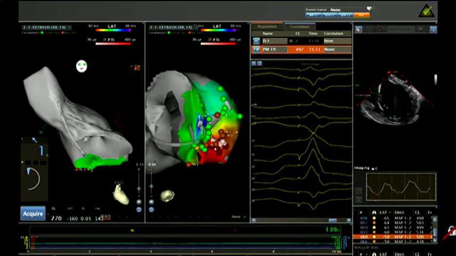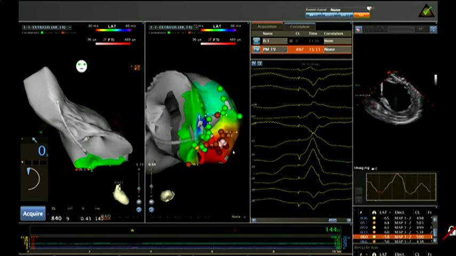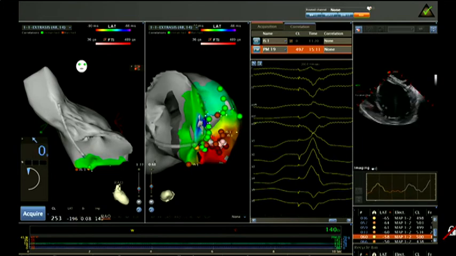This is where we have the best pace mappings and where we did the ablation effectively. Let me show you how we eliminated the high frequency potential in the second ablation. Yes, in this area where we are with Miguel, where we have the catheter, this is the early activation zone.